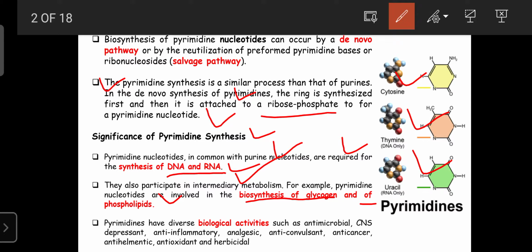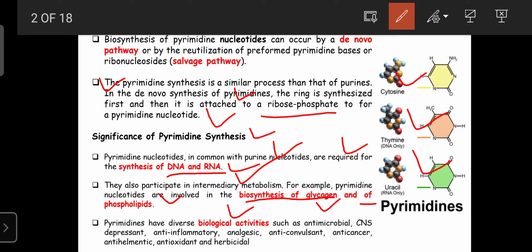And pyrimidine also has a variety of biological activities, and is used as a drug in the treatment of many disorders.